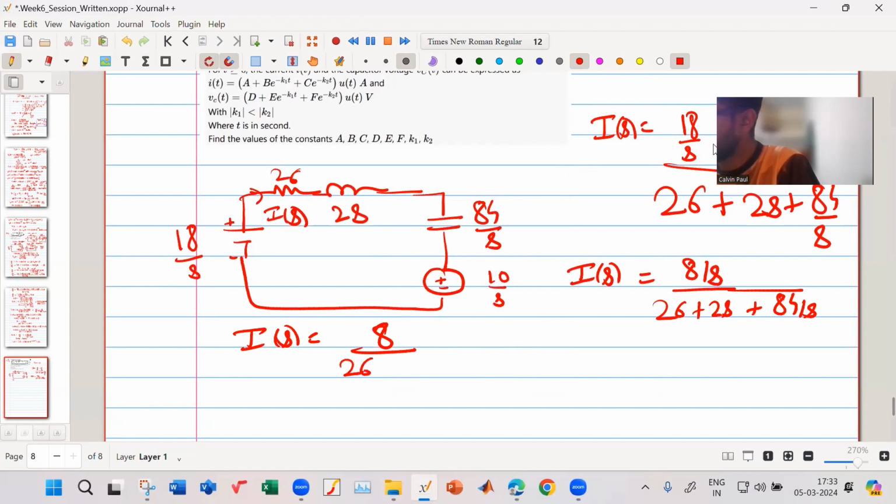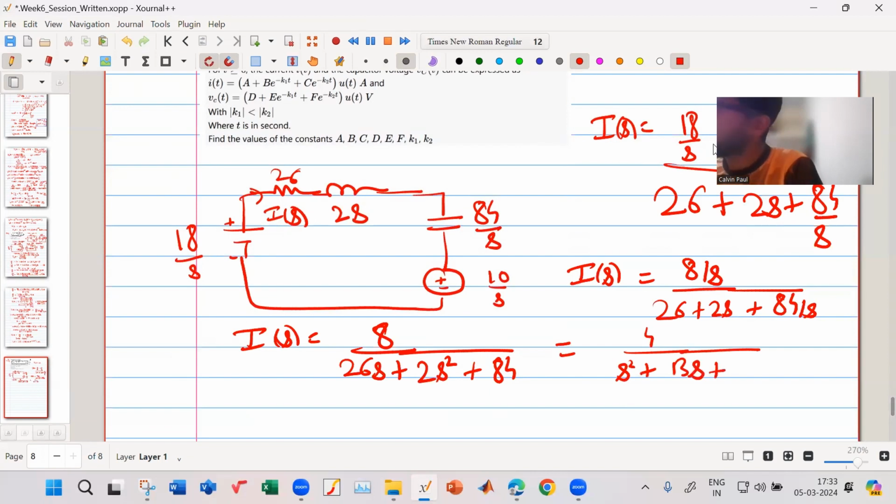It becomes 26S plus 2S square plus 84. I divide throughout by 2. It becomes 4 upon S square plus 13S plus 42.